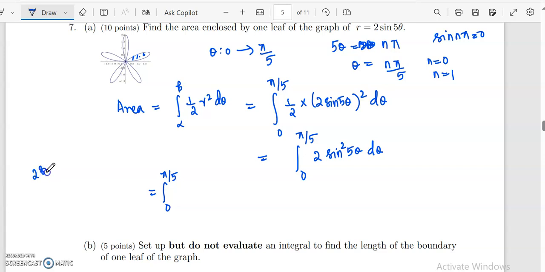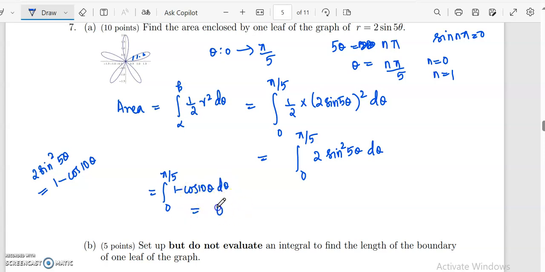Now 2 sine square x will be 1 minus cos 2x, so 2 sine square 5 theta will be 1 minus cos 10 theta. So we will get the integral of (1 minus cos 10 theta) d theta.